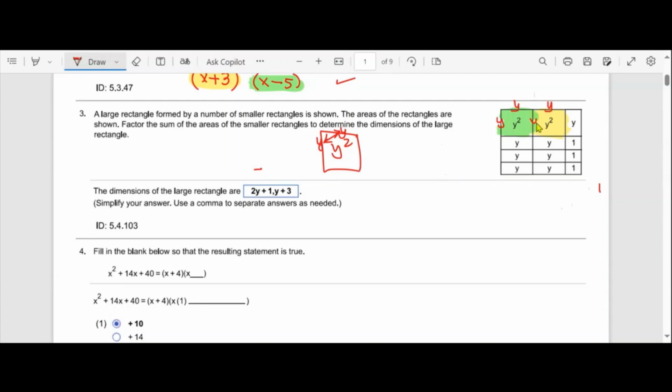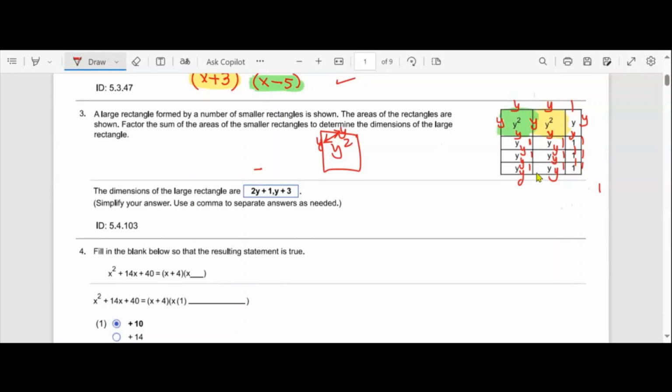What about this one? Same thing, y. And how much is this one? y, and here how much? 1. Okay, so what about this one? y times 1 is y, and this one, same thing, and this is same thing too. Then 1, 1, 1, and this one here is y times 1, right?